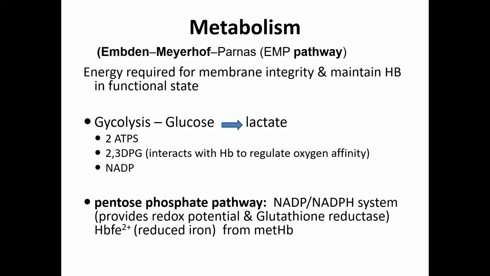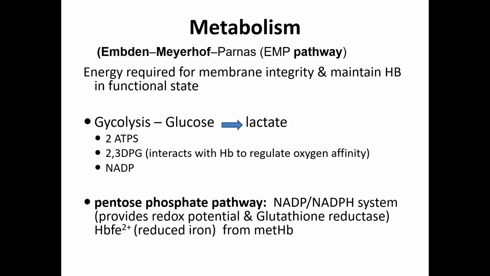And then you have NADP. Now, this NADP is very important. The phosphate pathway shown down here, where the NADP, NADPH system provides redox potential, is important in maintaining the iron in hemoglobin in a reduced form, and preventing it from going into methemoglobin, which is the oxidized form.